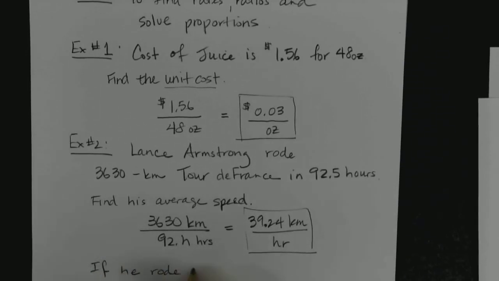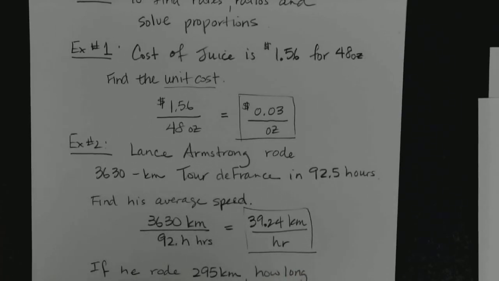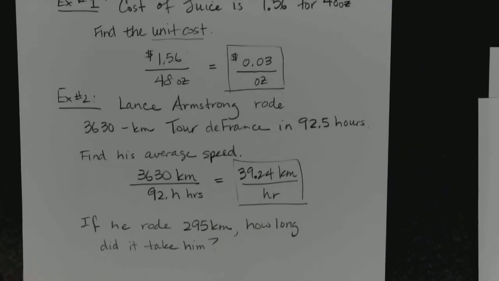All right, so now, if he rode 295 kilometers, how long did it take him? What would you do? If you know that this was his average speed, how long did it take him to ride 295 kilometers?